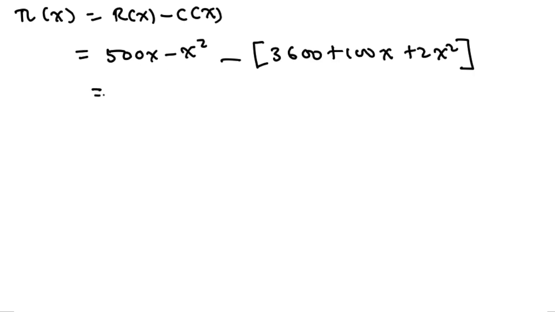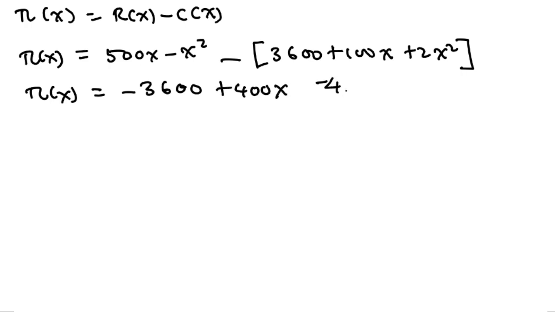So when you simplify it, your profit function P(x), or pi(x), becomes minus 3600 plus 400x minus 4x squared. In between there are some steps that you have to show. Here I just jump into the last step, but in the exam and schoolwork you need to show all of the steps. How do you get minus 3600? How do you get plus 400x? How do you get minus 4x squared?